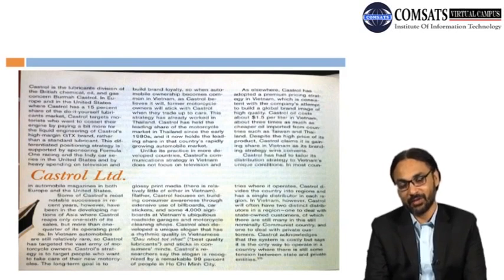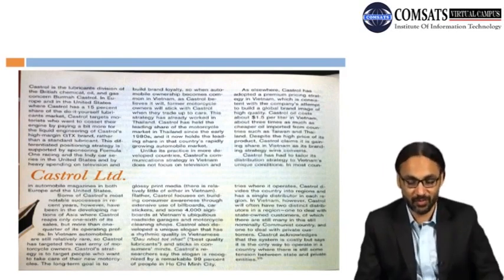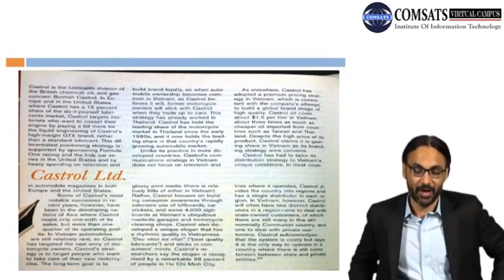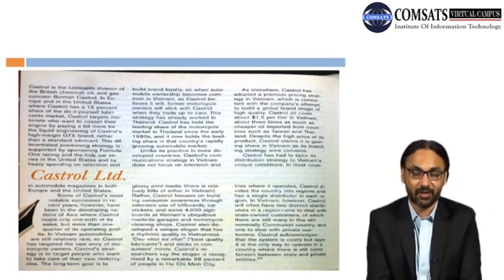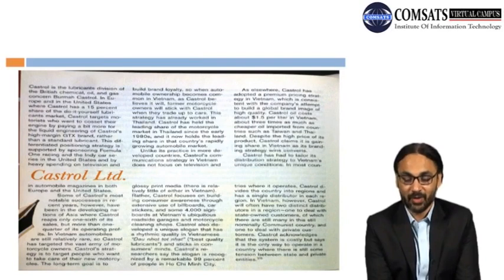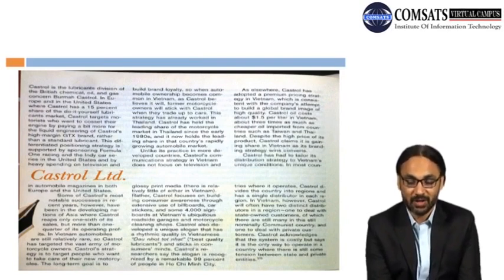Because of the communist elements and the Chinese influence, there is often state ownership to a larger extent, and Castrol serves state-owned and private customers differently.